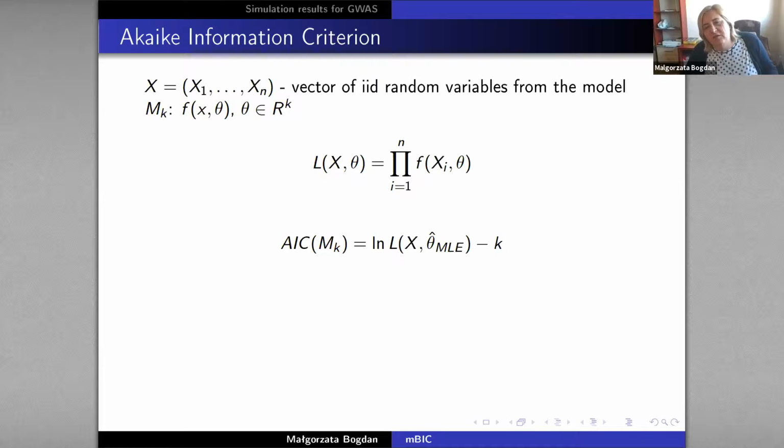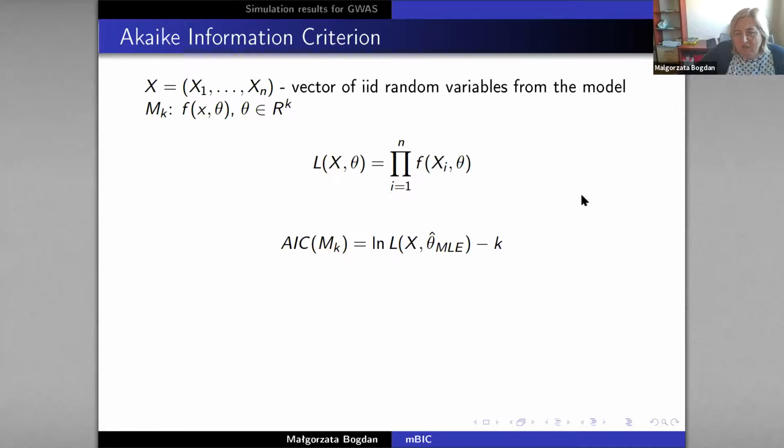But there are many other situations when you use this, for example when you want to estimate a density using orthogonal series expansion, you might want to include more and more basis functions. So you want to compare models of different dimensions, and the Akaike criterion tells you that you should pick the model for which the logarithm of the likelihood function minus the number of parameters is maximal.